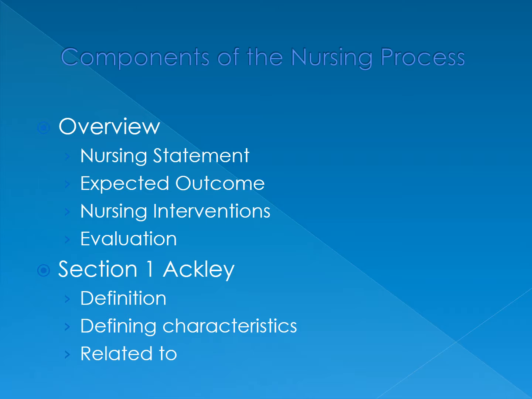When you look in Ackley, if you just open up your book and go to a nursing problem, I'm just going to pick one right now, I opened up to caregiver role strain. One of the first things I see is a definition, and it tells me what that nursing diagnosis means.